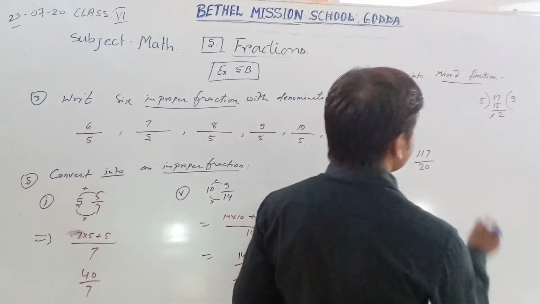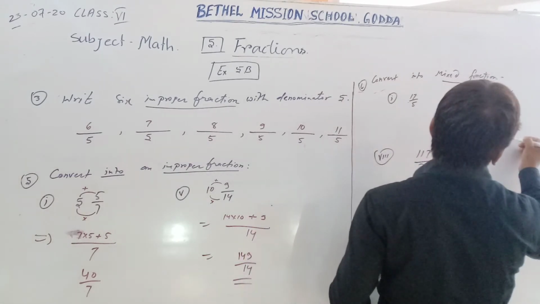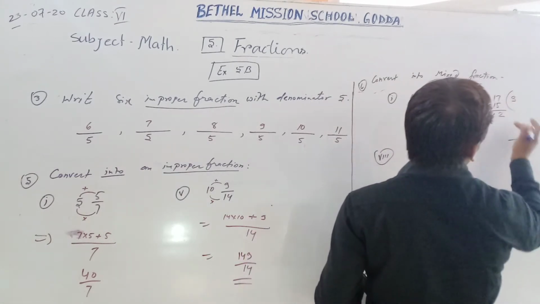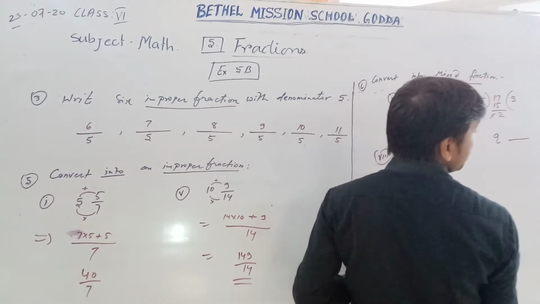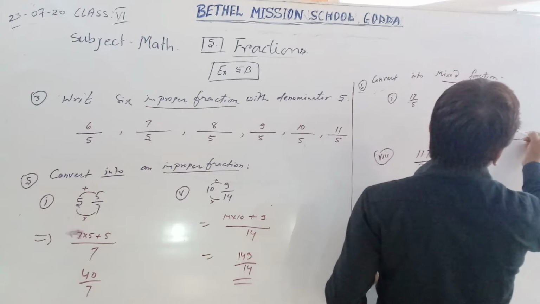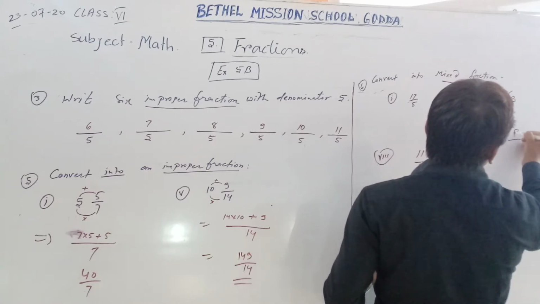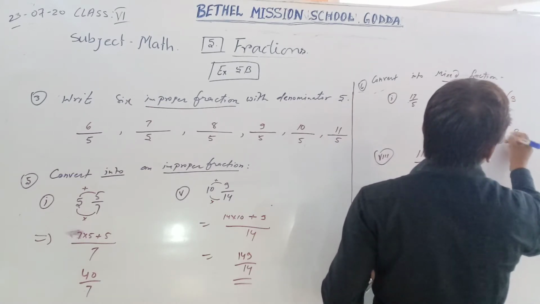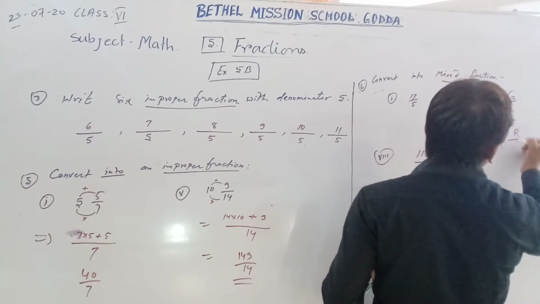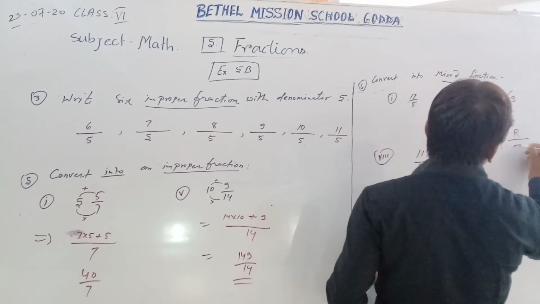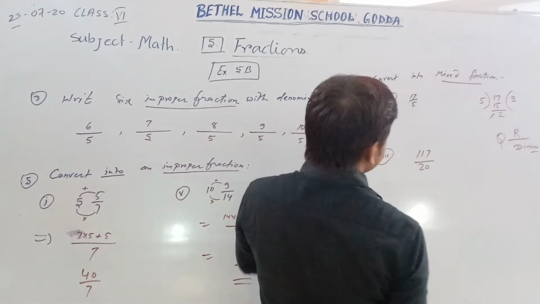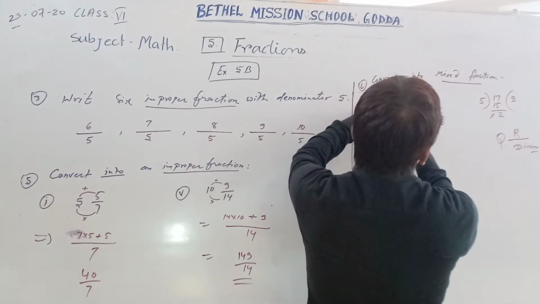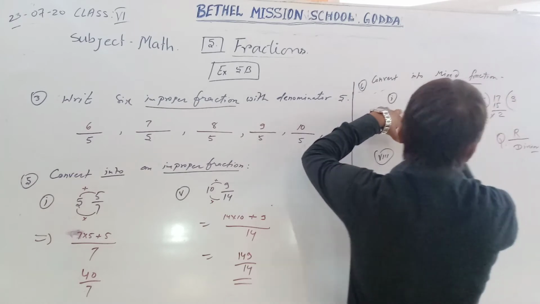First we write the quotient, then the remainder, then the divisor.